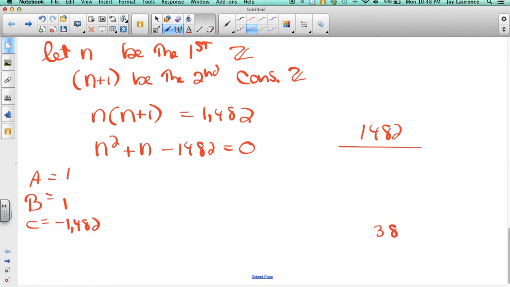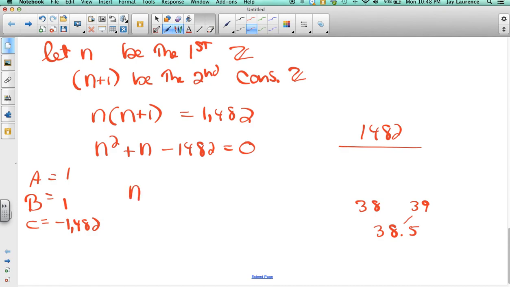I've got 38 and a half approximately for my square root. If I go up, how much? A half, I'm going to be at 39. Okay, well let's try it. 1,482 divided by 39, and that's going to be 38. That worked out really well.